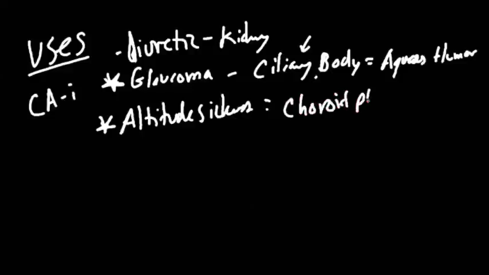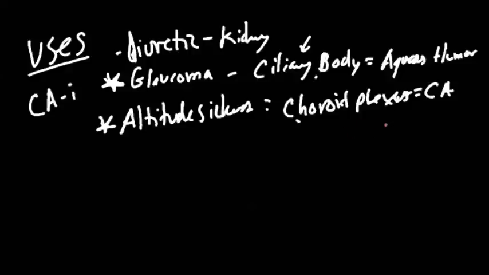Let's go back to anatomy and physiology. The choroid plexus is involved in the development of cerebral spinal fluid, and it's found in the ventricles. So the choroid plexus contains carbonic anhydrase as well.